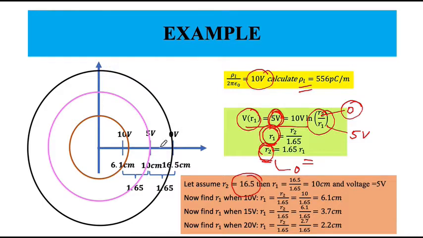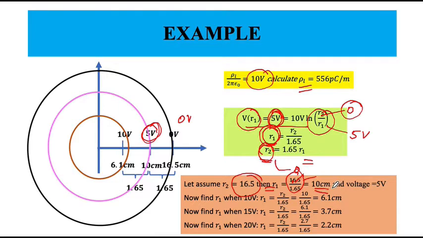So if I choose 16.5 centimeter as the 0 volts potential contour, what will R1 be, such that the potential there equals 5 volts? It turns out that if R2 is 16.5 and I want to obtain 5 volts, then R1 must equal 16.5 by 1.65. So it will be 10 centimeter.